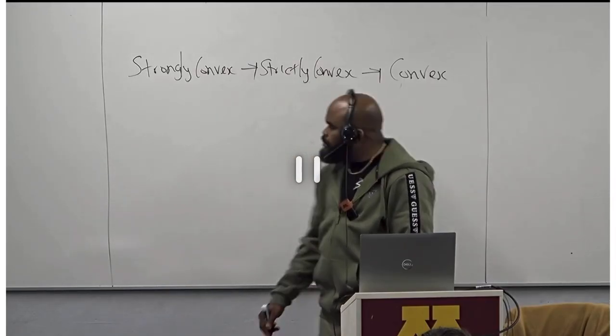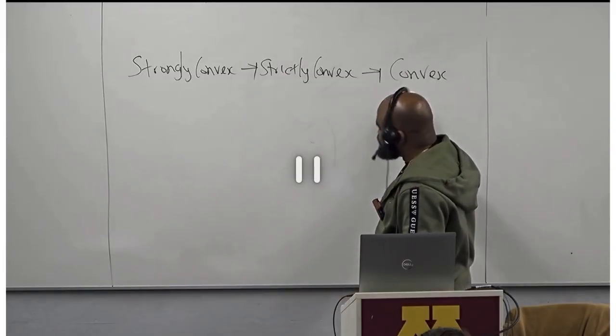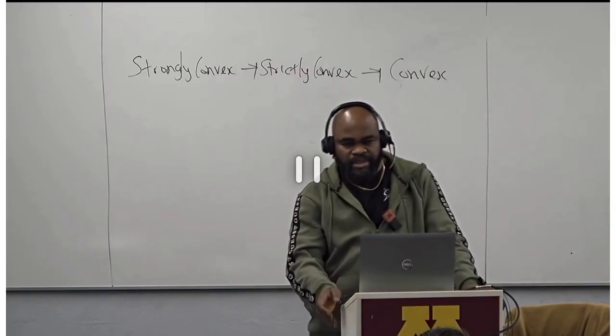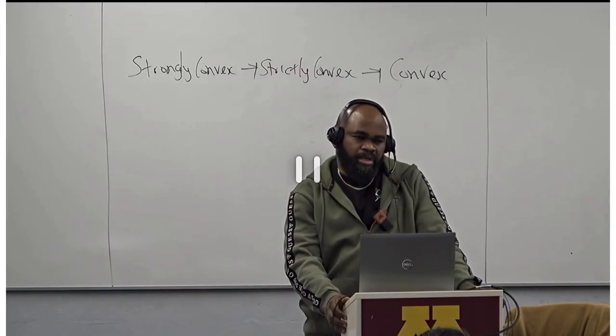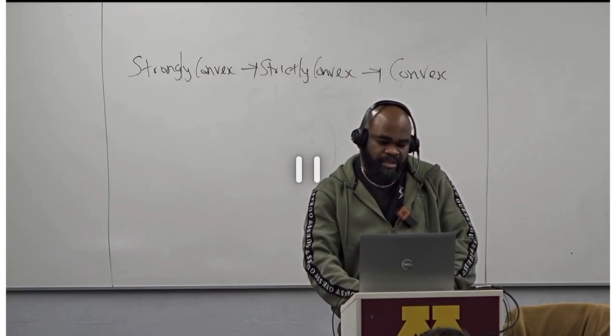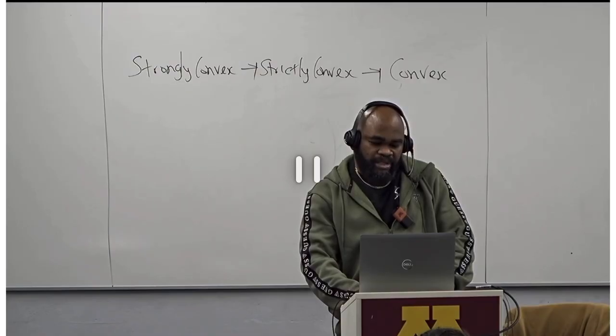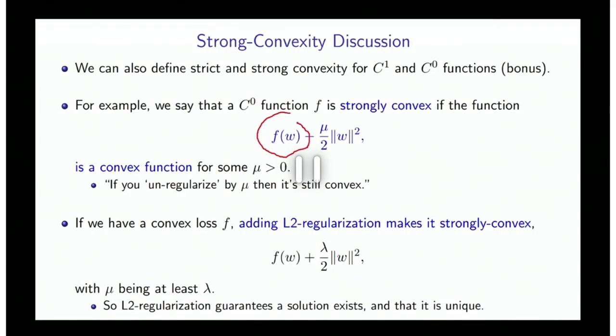Now how can we make a function that is convex to be strongly convex? What we're actually trying to do is to see how we can reduce the function. Now reducing, don't forget what we're looking for initially is to minimize the function. We can reduce the function by another convex function.